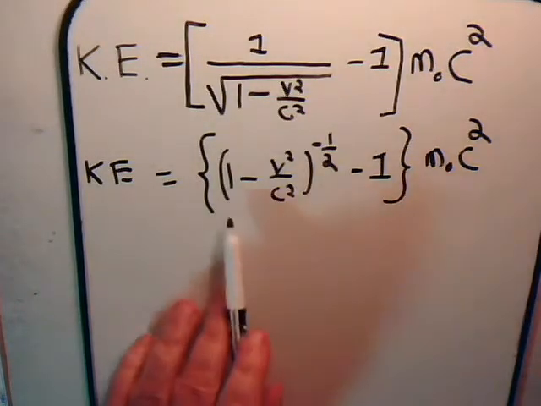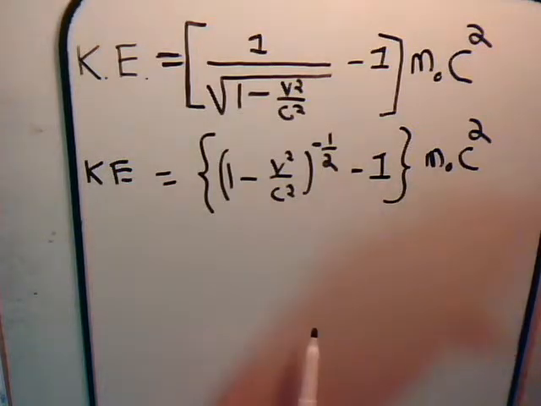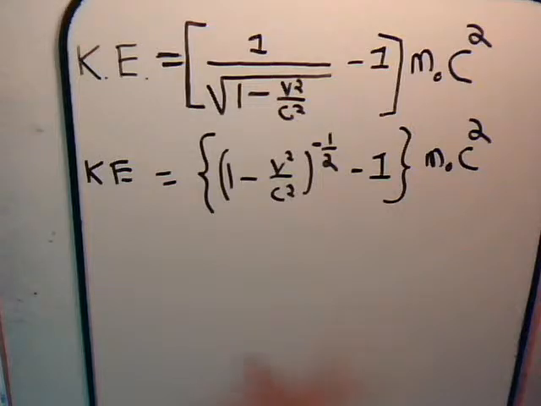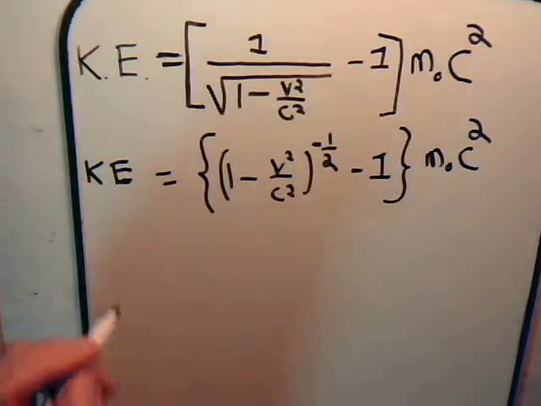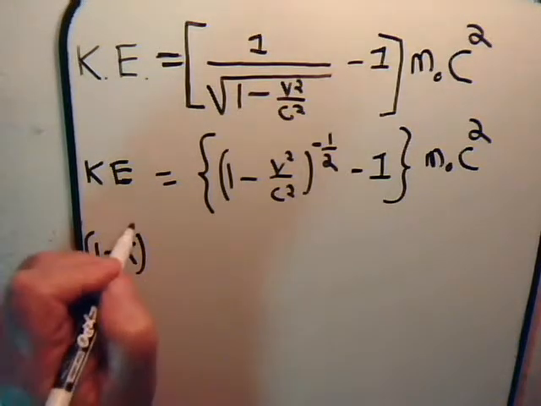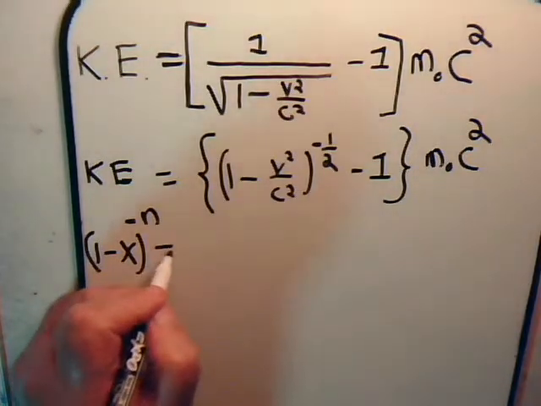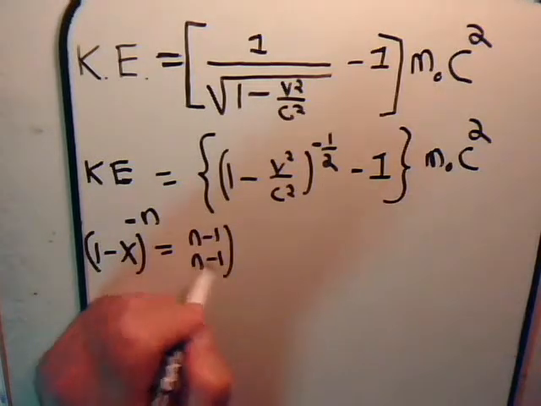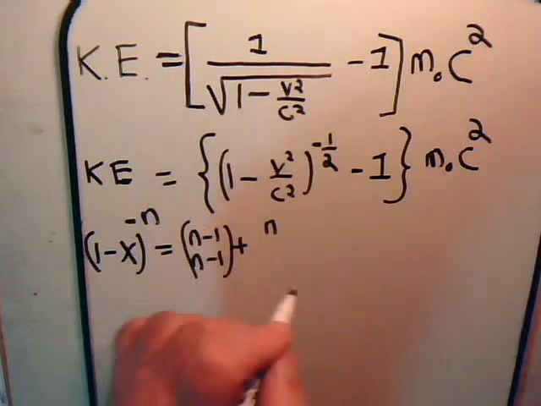So here we can use the binomial coefficient with negative exponents to replace this part of the equation. And remember from our last video that 1 minus x to the negative n has a very simple expression. We start with this binomial coefficient, and then we continue adding 1.